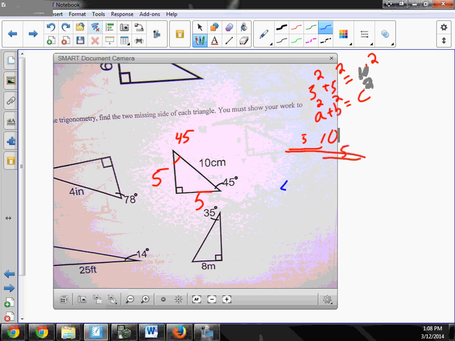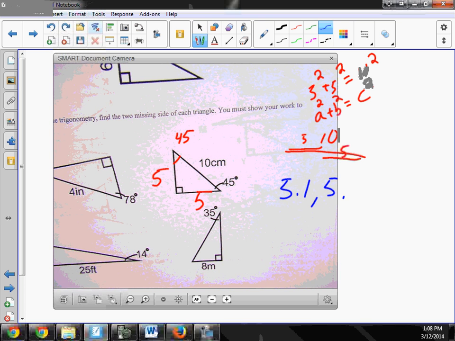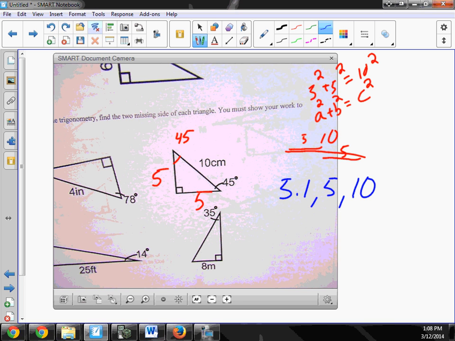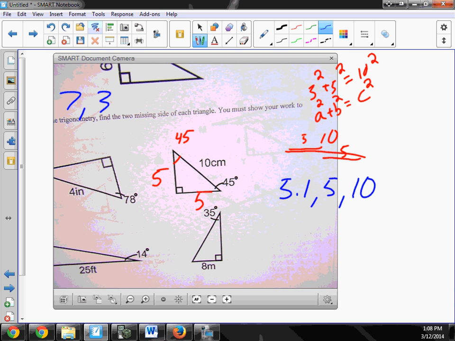So could I have a 5.1, a 5, and a 10? Would that make a triangle? Just barely, right? So you'd have 10 here, and then a 5.1 and a 5, and they would barely touch and make a triangle. Could I have a 7, a 3, and a 1? Why not?